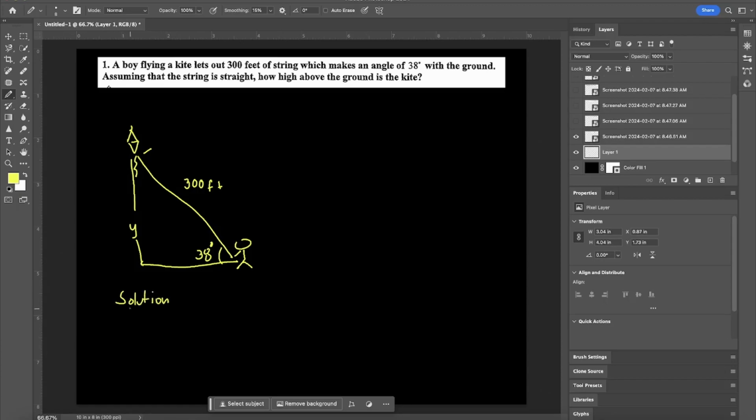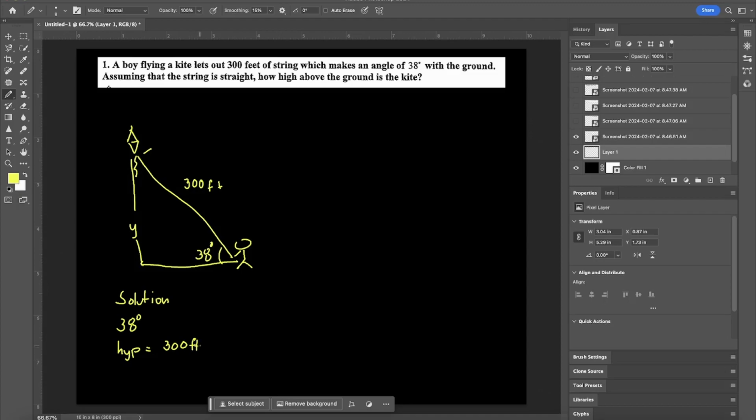Now, let us first try to understand what is given. We are given an angle of 38 degrees in reference to the ground, which is what we have right here. Our hypotenuse is also given, which is equal to 300 feet.